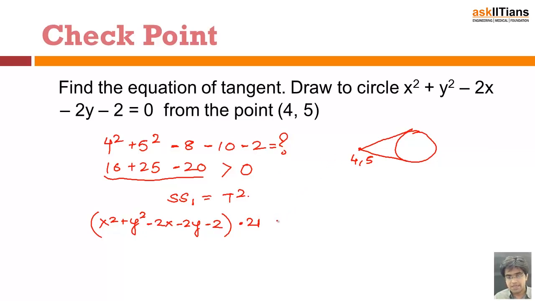Now SS1 is equal to our T square. What is our T? It is nothing but 4x plus 5y minus (x plus 4) minus (y plus 5) minus 2, whole square.